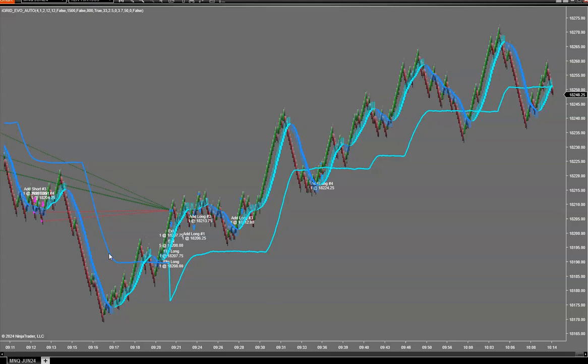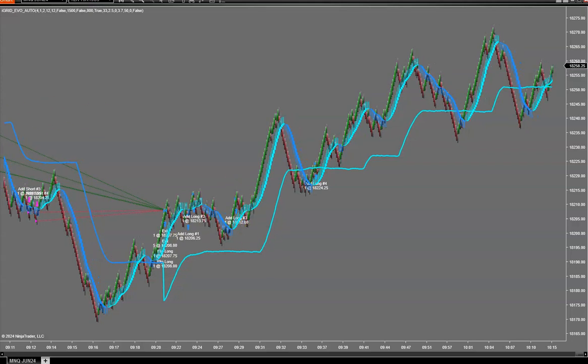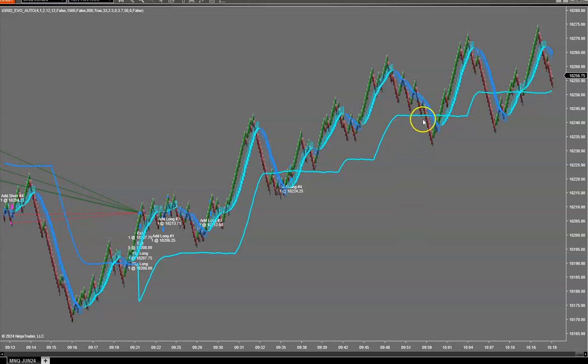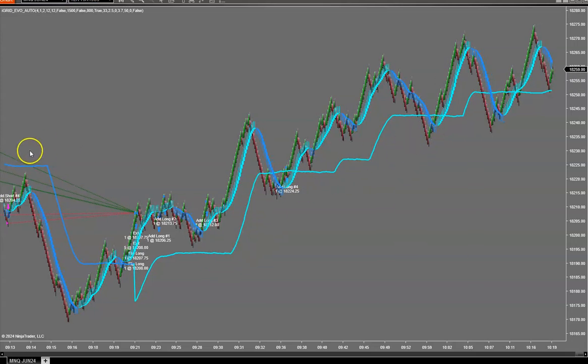But version 2, which is about to come out this week, has a lot of new features. We're including a stop that you can set X amount of ticks below the uptrending portion of the indicator, or just above the downtrending portion.